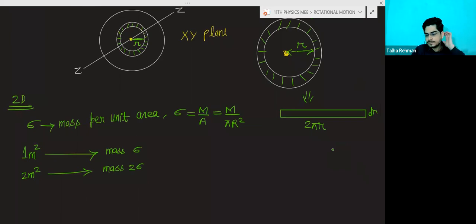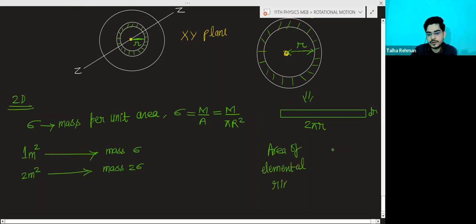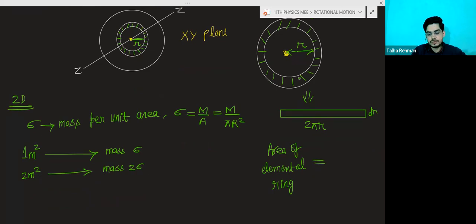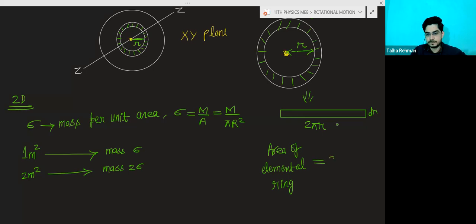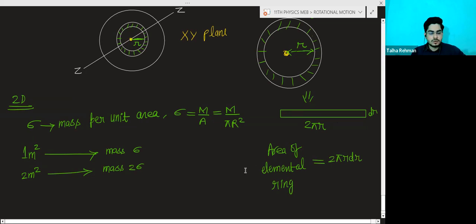The area of the elemental ring, this concept is very important to learn, is 2 pi r into dr. Very good, we have found it.